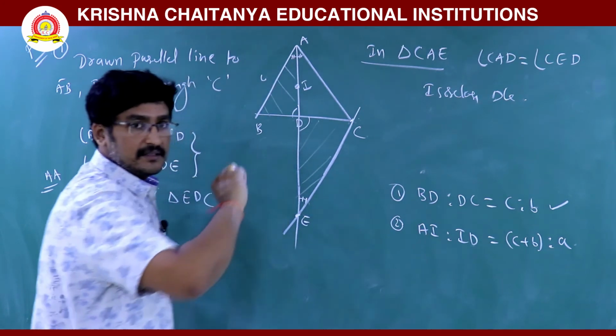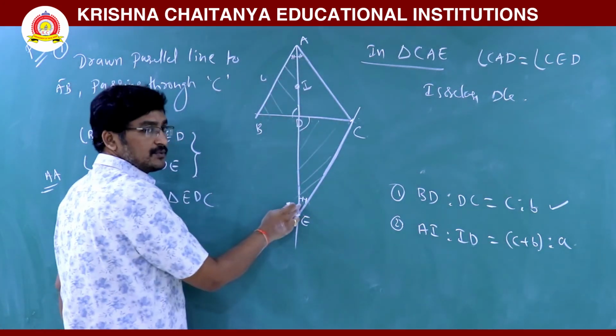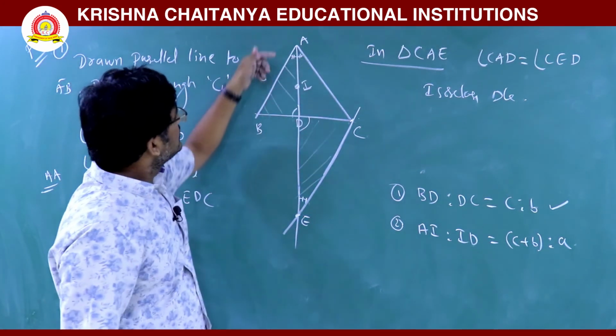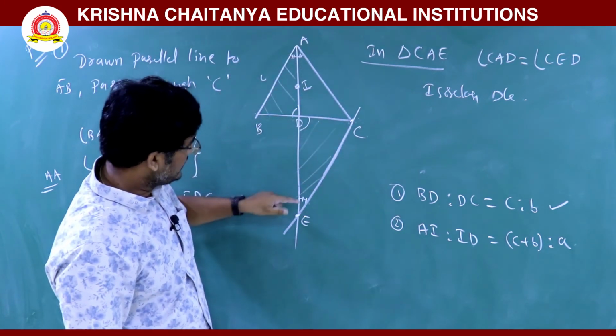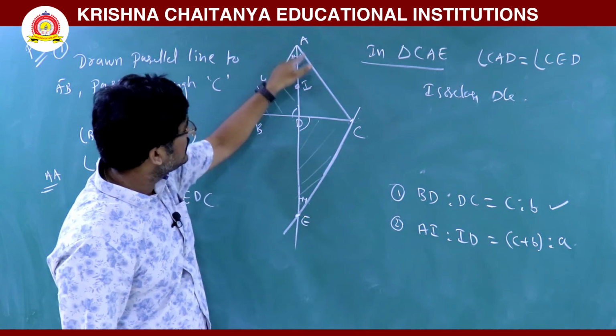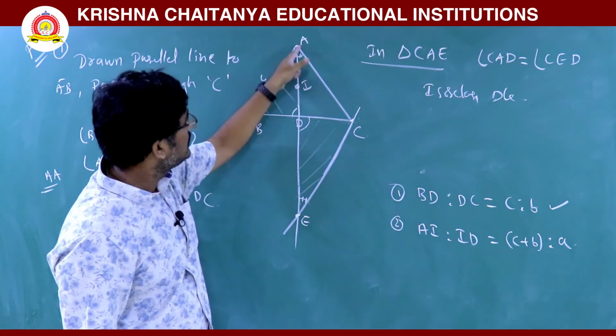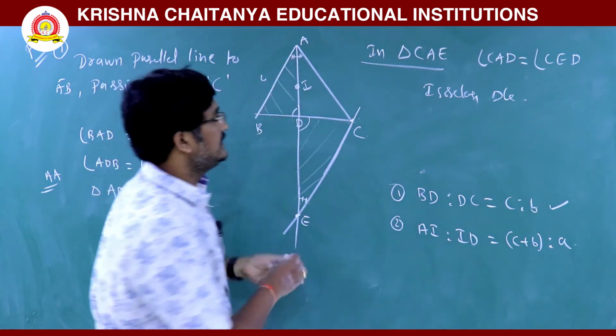What are the angles that are the same here? This one and this one. Automatically, the corresponding side of this angle is this one, and the corresponding side of this angle is this one, and they should be the same. Therefore, EC is equal to AC.